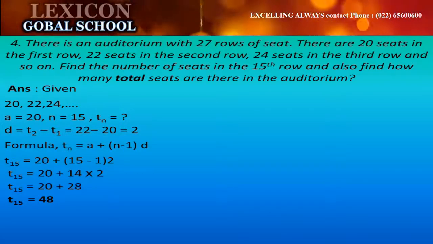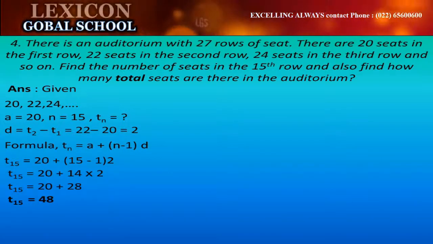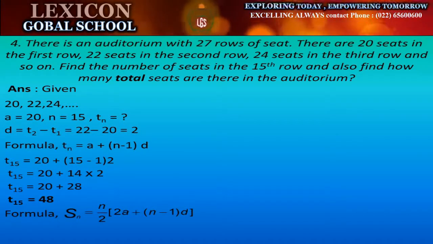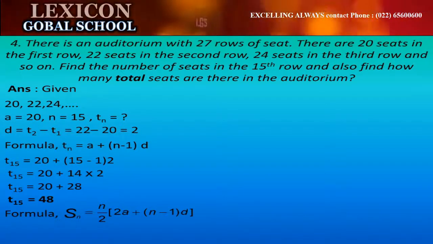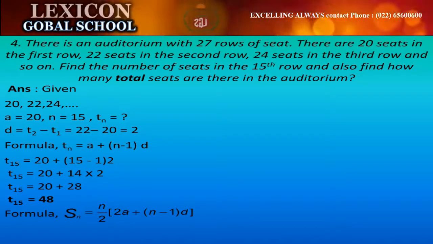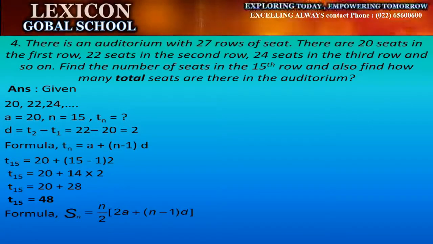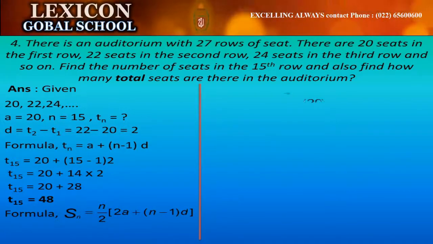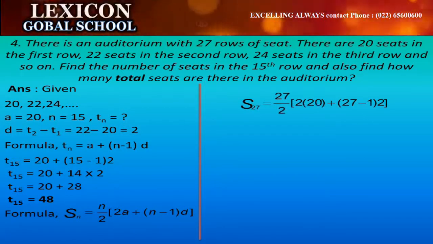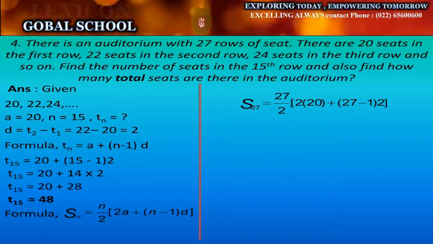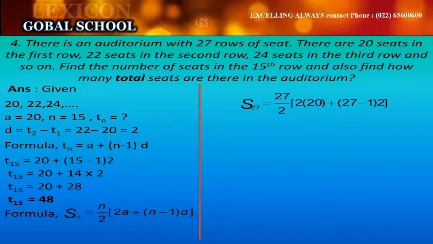Now we have to find out total seats. What do you mean by total? Sn. So you have to substitute the values in the formula of Sn. How many rows are there in the auditorium? There are 27 rows. So what is n over here now? N is 27. So S27 is equal to 27 upon 2 into 2 into 20 plus 27 minus 1 into 2.